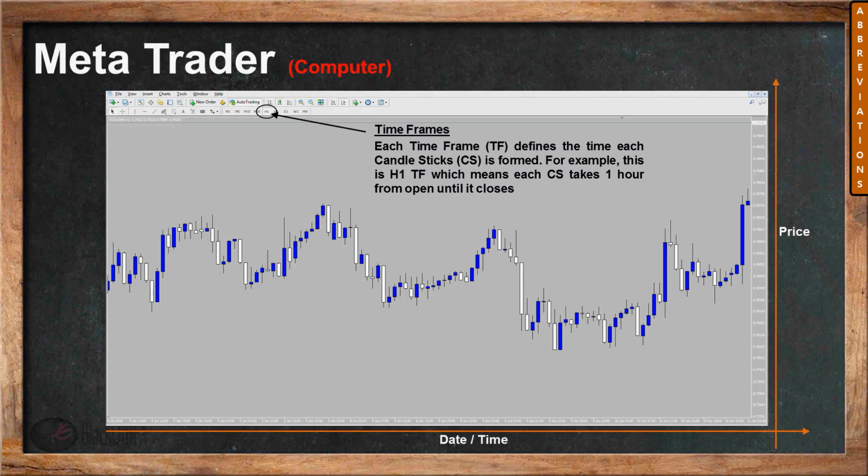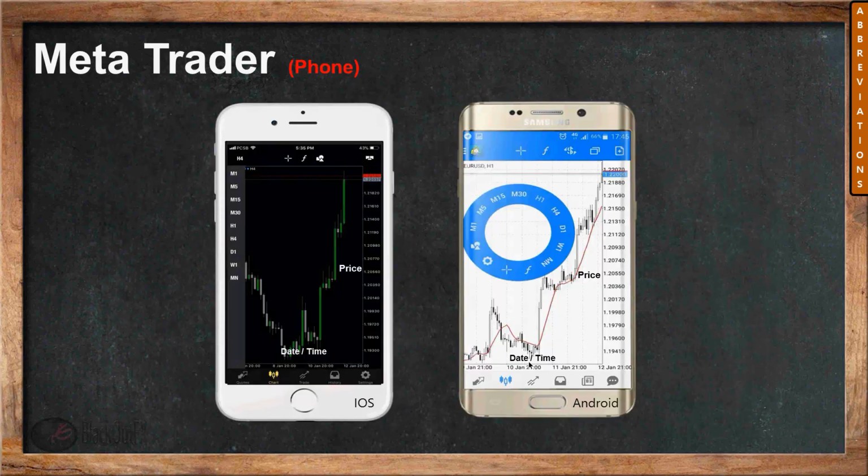That's really important, because later on when we move on to candlestick break and reject, in order for us to make sure that a candle has broken through or rejected a support or resistance, you have to make sure that the candle has closed first. So time frame and knowing how the candles are formed is very important for a trader.